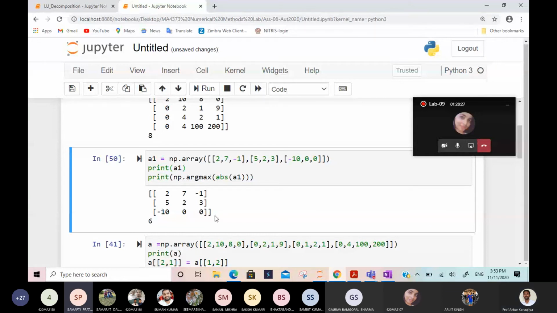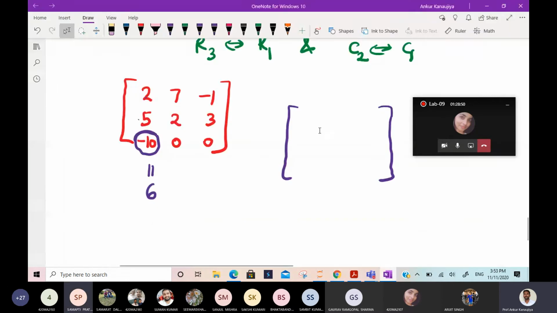I think in MATLAB it used to count column wise. Yeah, but here it is counting row wise, 0, 1, 2. So it is giving 6. Now with the help of this 6, can we find the original index? Like this is the second row, 0th column. That answer we want.